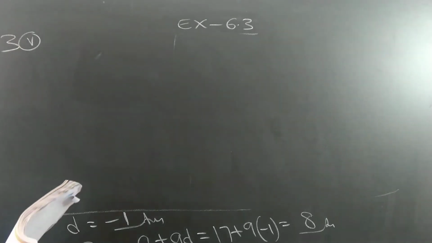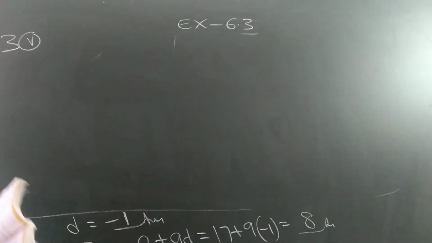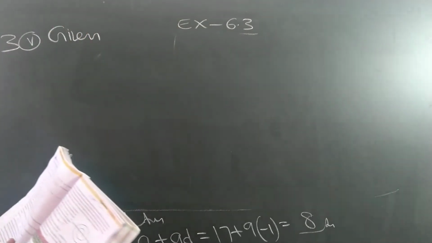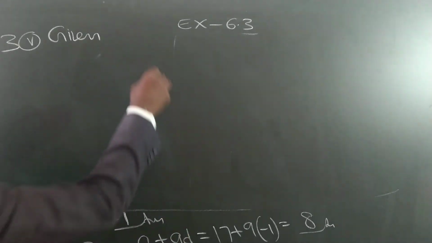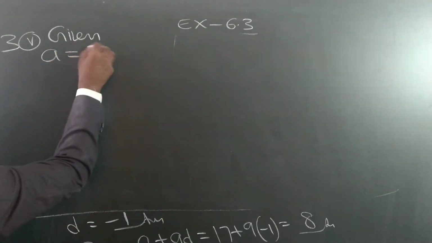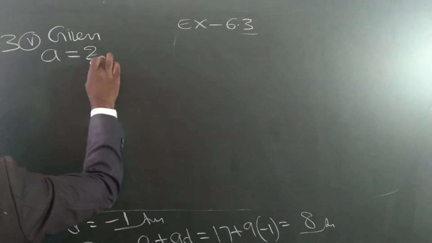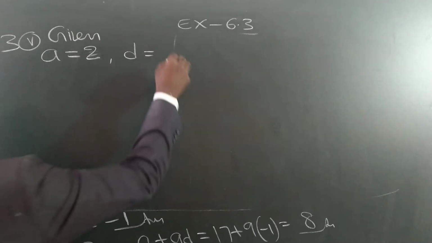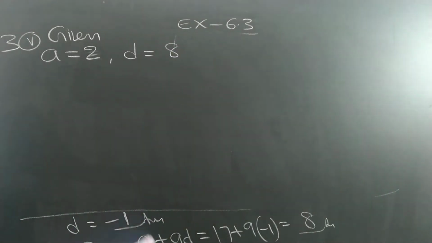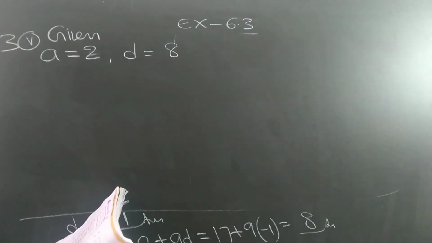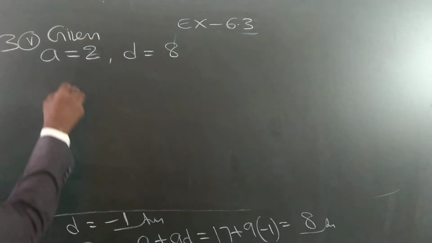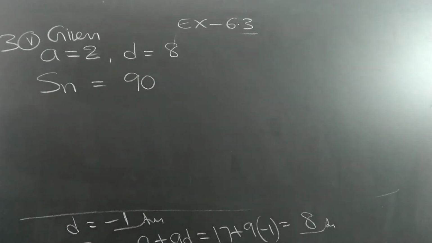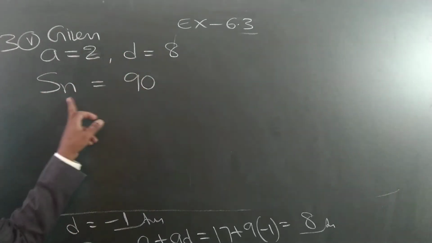Students, fifth bit. Given A is equal to 2, D is equal to 8, Sn is equal to 90. These three values are given. Very simple. A is given, D is given, Sn is given.